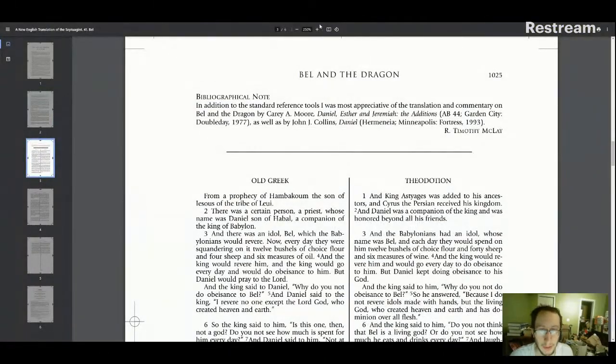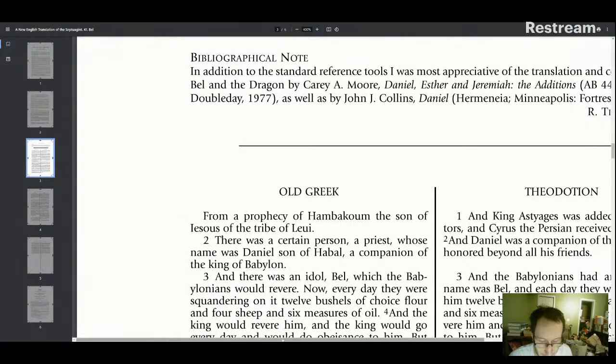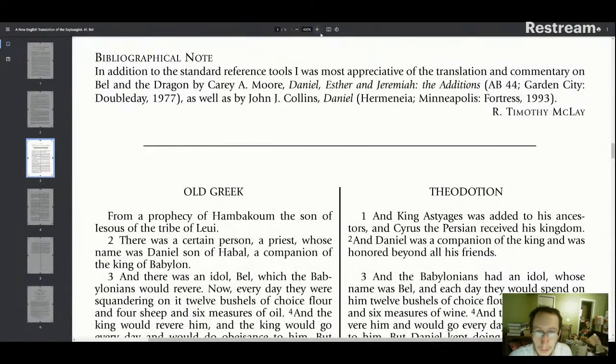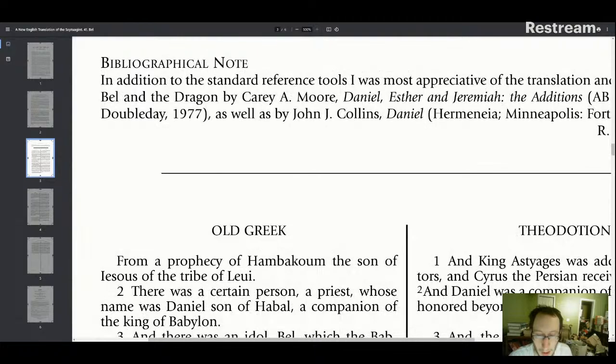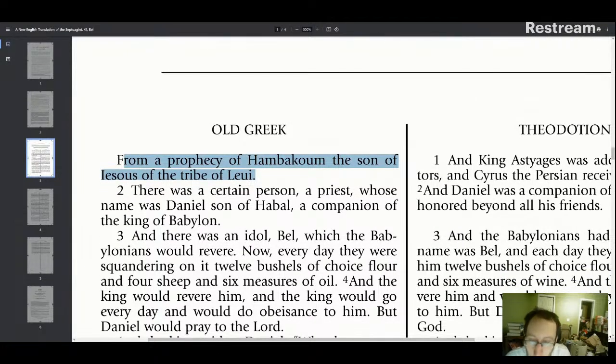So in the Septuagint of Bel and the Dragon, in the original Septuagint, it says, from a prophecy of Habakkuk, the son of Joshua of the tribe of Levi. So according to the original Septuagint text, this is an extract from an apocryphal book of Habakkuk.